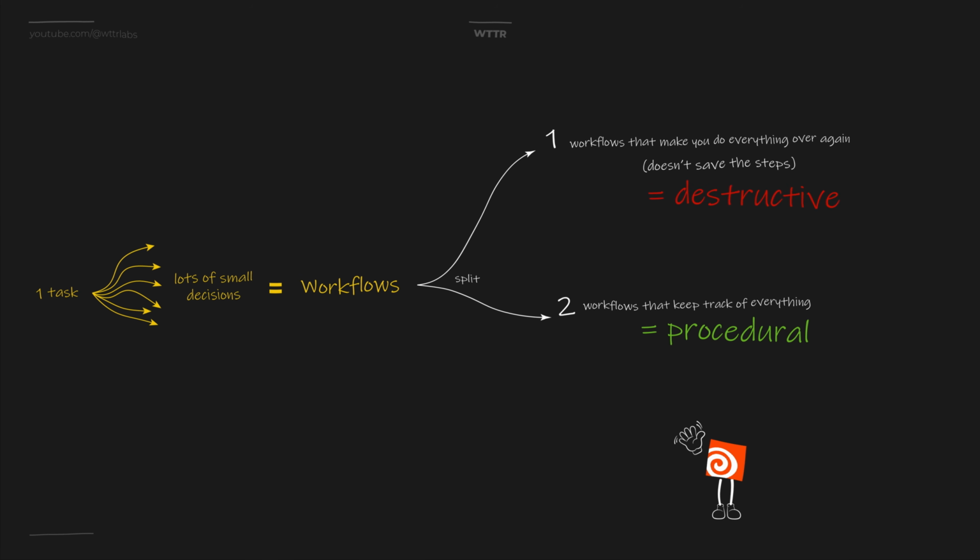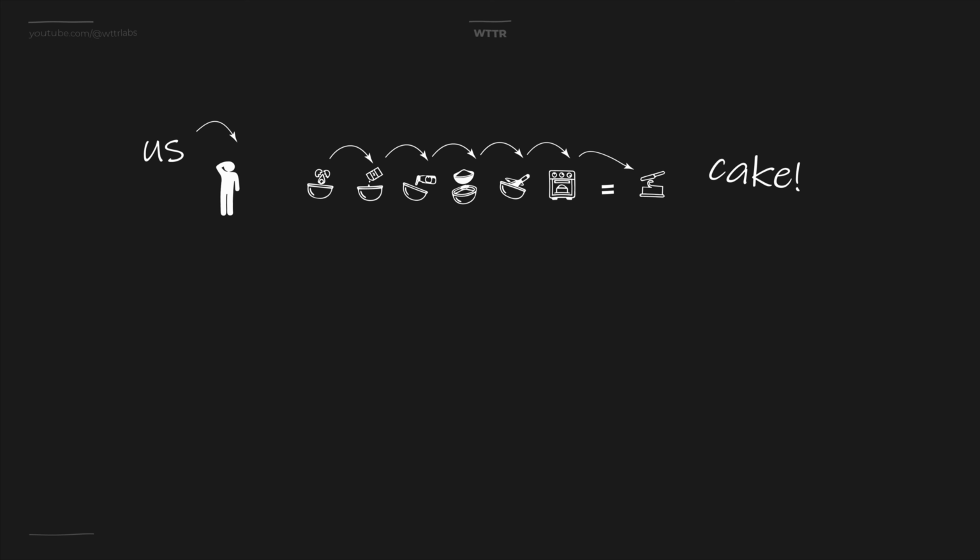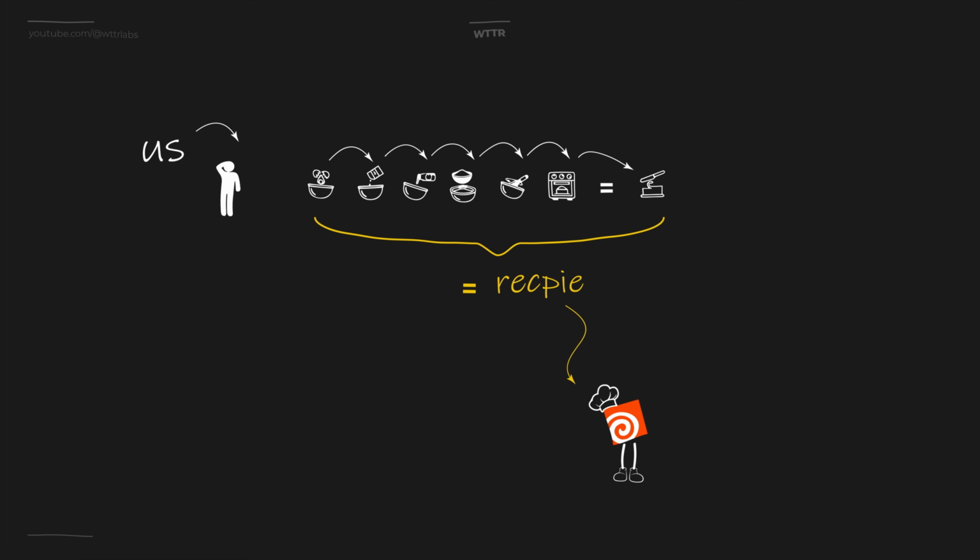Instead of us making all the decisions once and not being able to change them later, we can save out the steps in the order we make the decisions in. This procedural way of working gives us the ability to change any one of those steps at a later time, and then everything else after that step just works. Basically, instead of baking the cake ourselves, we just write the recipe, give it to Houdini, and let it cook.